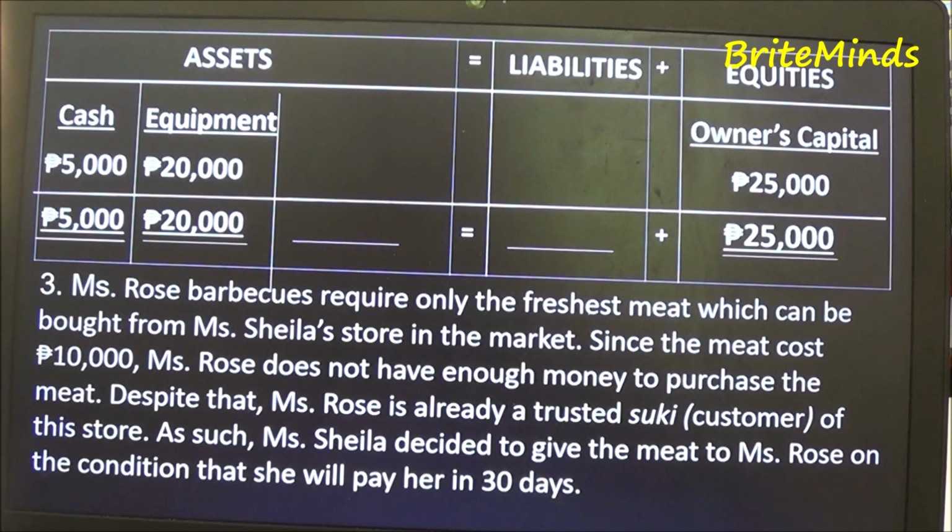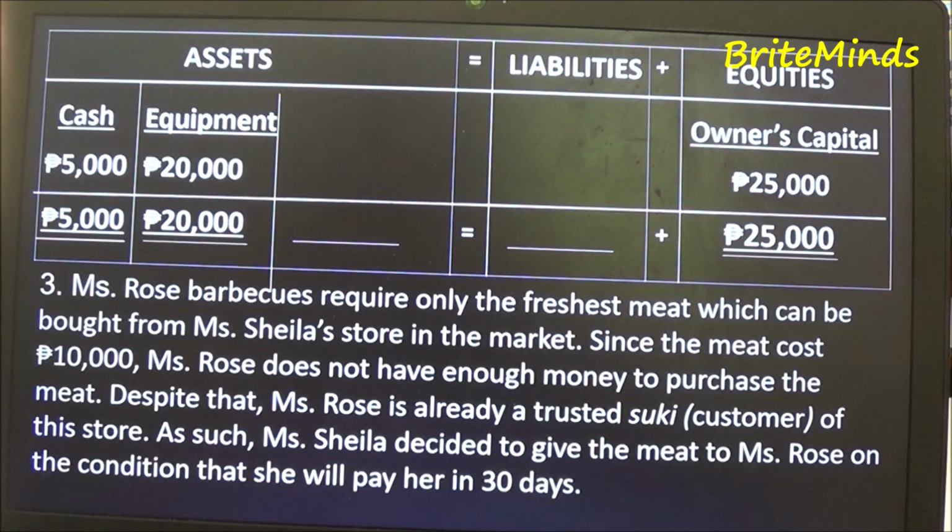As such, Miss Sheila decided to give the meat to Miss Rose on the condition that she will pay her in 30 days.